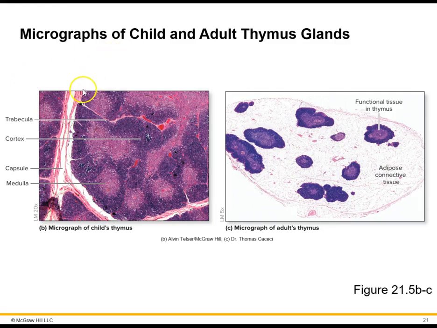Now looking here, you can see the capsule, and you can see how it has this trabecula that kind of dives into the thymus and creates a little lobule here. Now in this lobule there's the cortex, and this contains immature T cells. And then as those T cells go through their maturation process, they're going to migrate to the medulla. And the medulla is where the mature T lymphocytes are going to be.